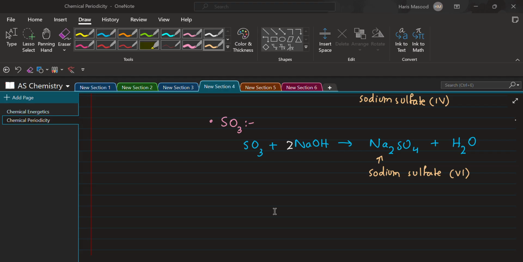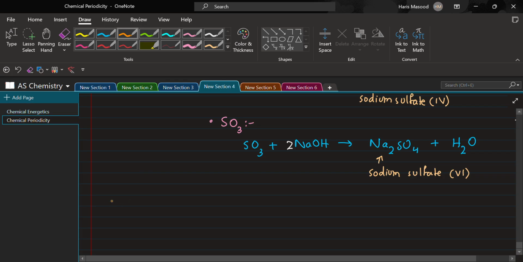One last topic to discuss of this chapter is period 3 chlorides and their reactions with water.